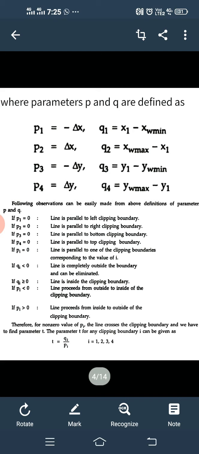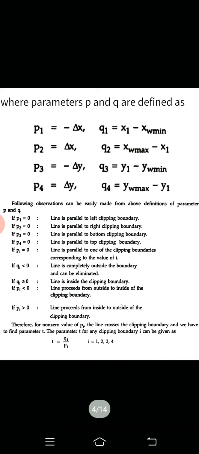Same, if i equals 2 and p2 equals 0, the line is parallel to the right clipping boundary. If p3 equals 0, the line is parallel to the bottom clipping boundary, and i equals 4 denotes the top clipping boundary.